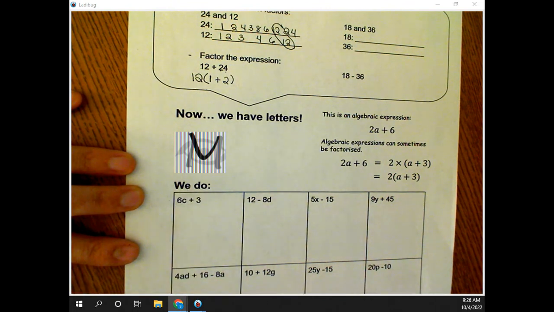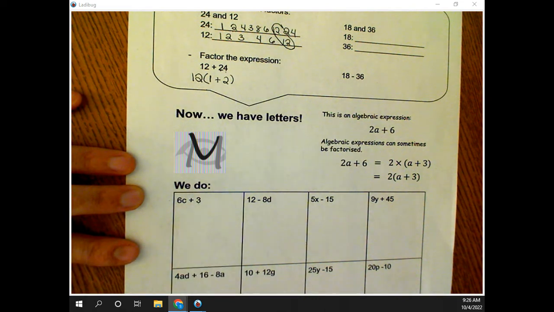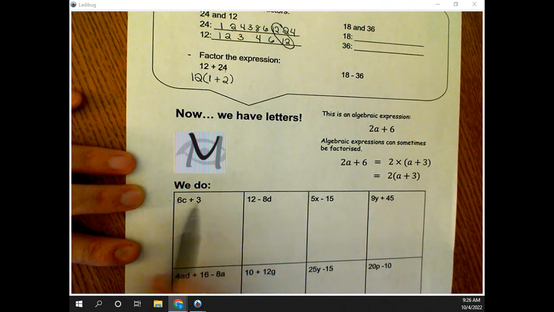All right. So I have 6C plus 3. What can I pull out of both 6 and 3? Well, can 2 go into 3?